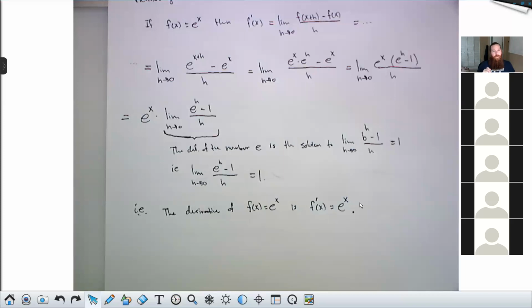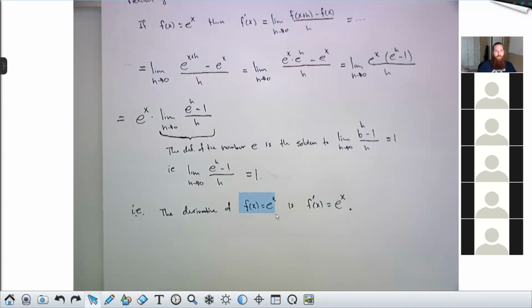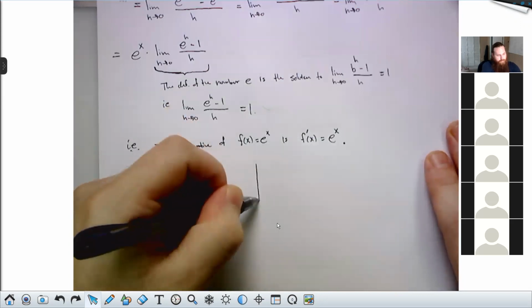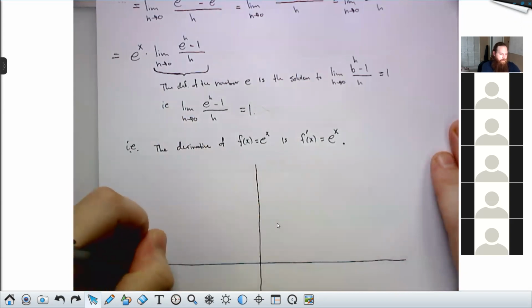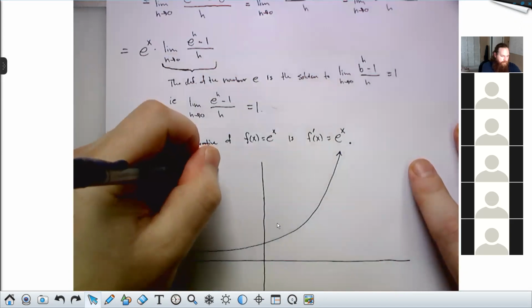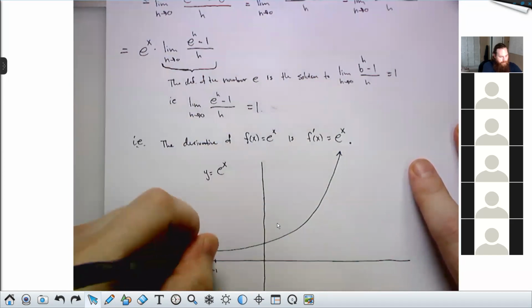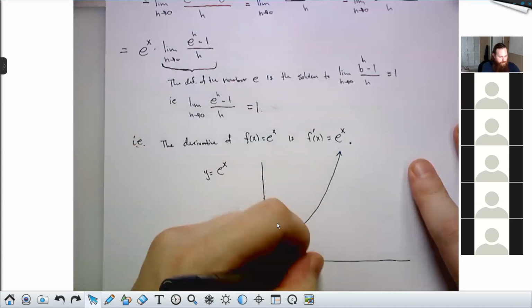That's why mathematicians are so into exponential functions. Because e to the x is its own derivative. In other words, the instantaneous rate of change, the slope of the tangent on the graph of e to the x, is the same as the y value there. So here's the graph of e to the x. We'll mark this maybe as -1. This is clearly 0. And we'll mark this as 1.